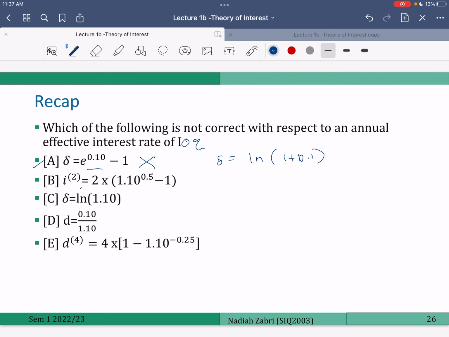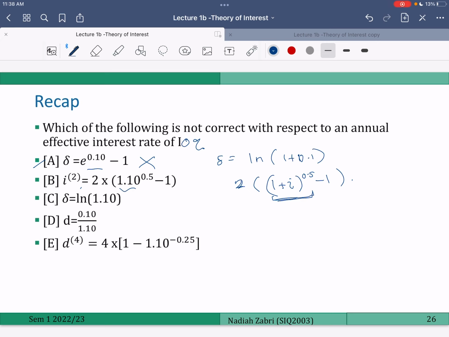What about this one? This is 2 times 1 plus I to the power of 0.5 minus 1. I hope you recognize this is actually 1 plus j, semi-annual j. And then you minus 1, so you end up with just j.